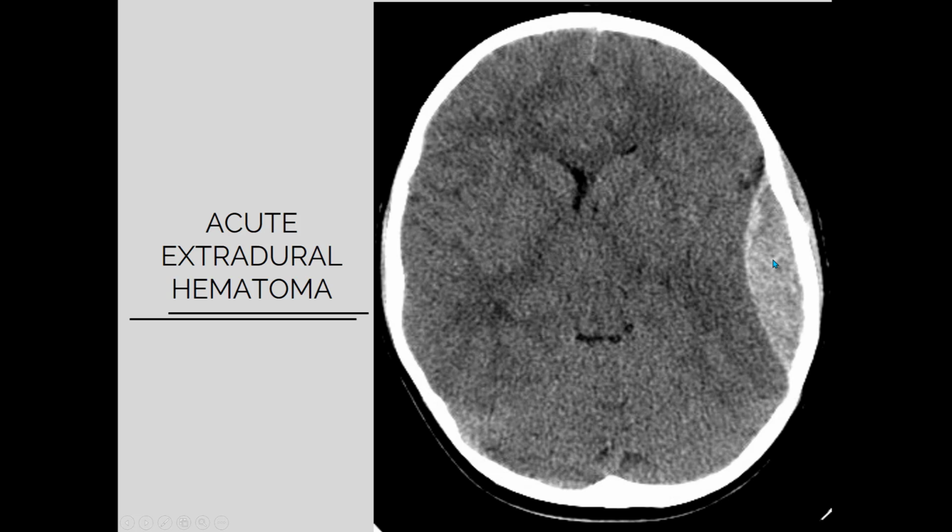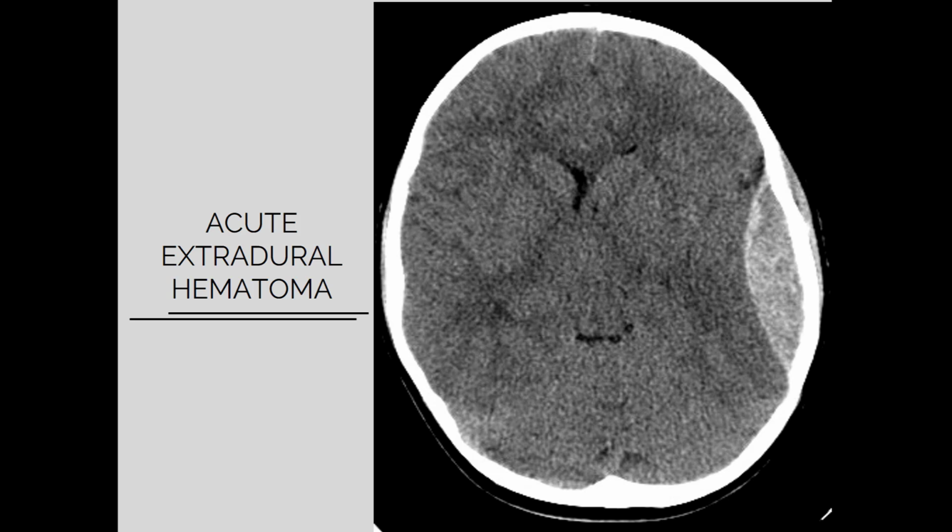Because this is whiter, because you know that bone is the most hyperdense thing that we can see on CT scan, and you can see here that this is whiter than blackish. So this is hyperdense. Not only that, you have to tell us the density. Along with that you must also mention the shape, and location.